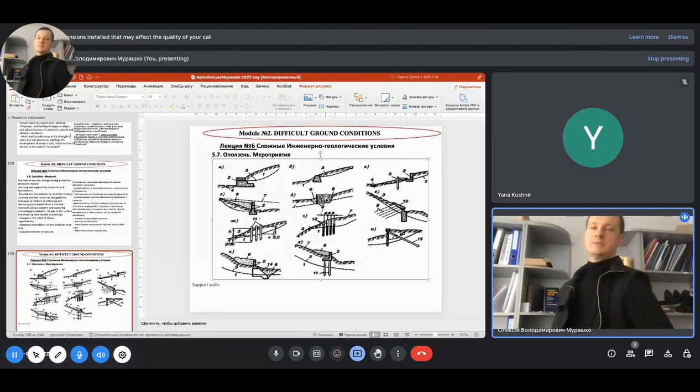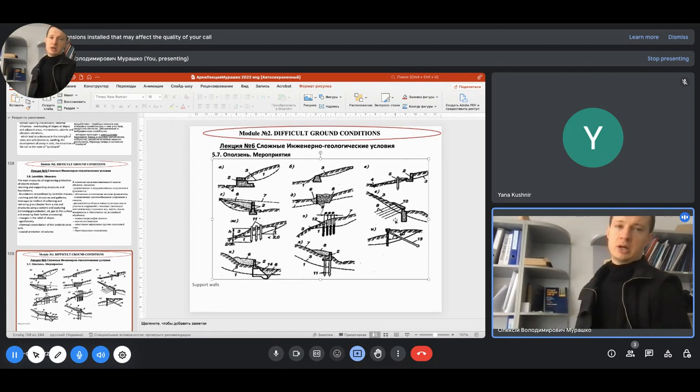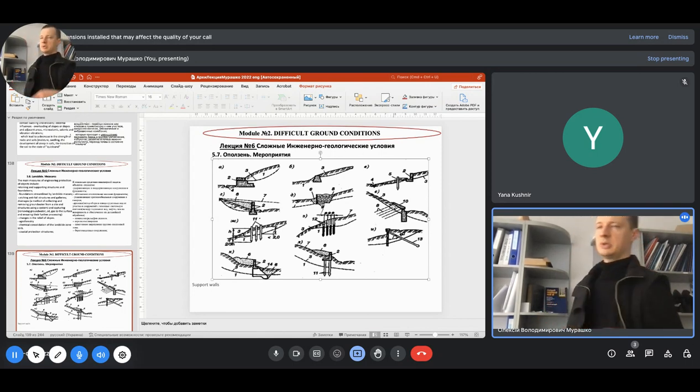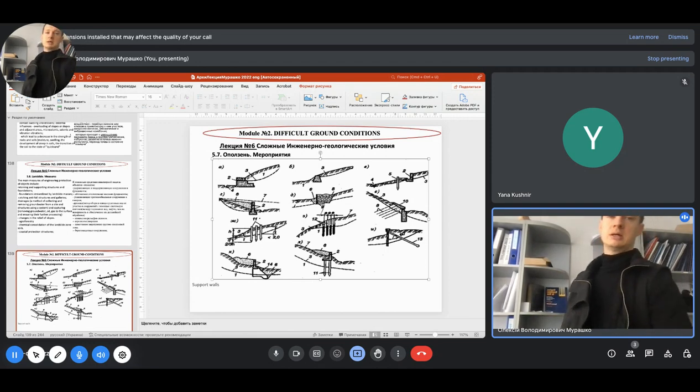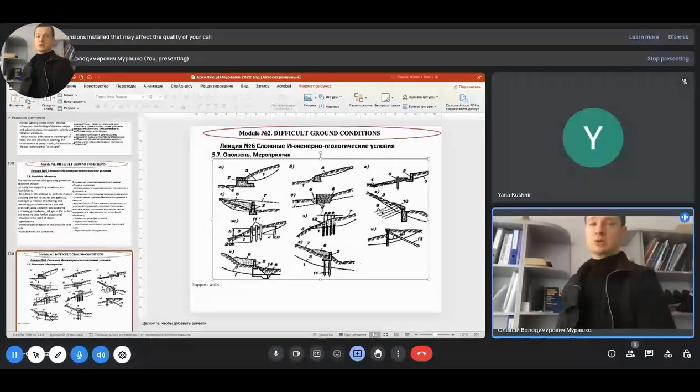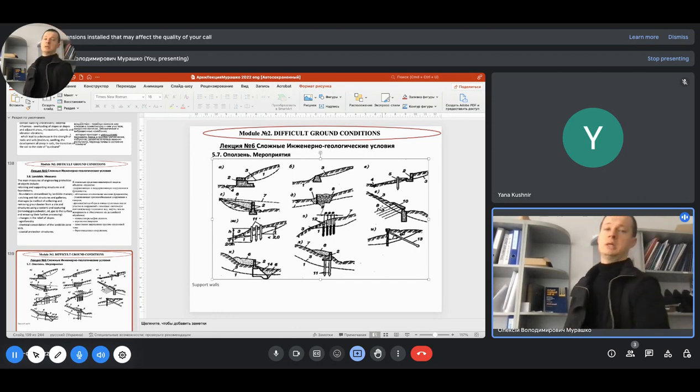In some cases, we can use anchors. So here is the retaining wall. Here we can see underground anchors which are produced by using special technology like Titan or other technologies. And these underground anchors are connected with this on-ground element, and this combo of elements can protect us from this landslide.